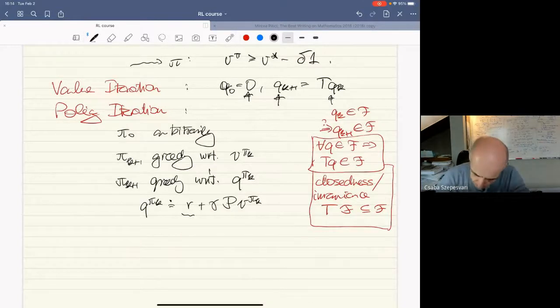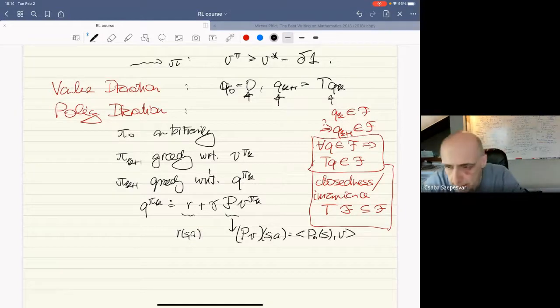So this is R of s, a, and this is this operator that maps value functions to action value functions. So P of V at s, a is just the expected value of V with respect to the next state distribution at s, a.